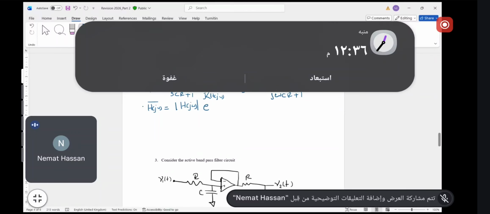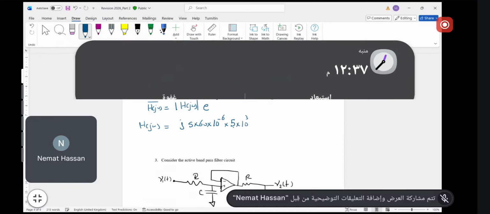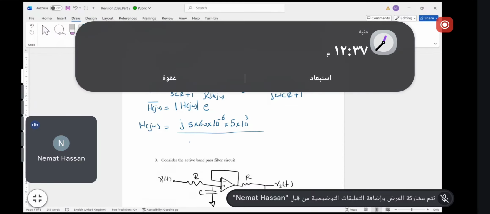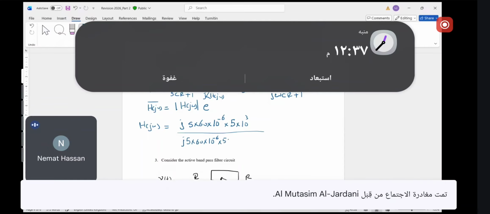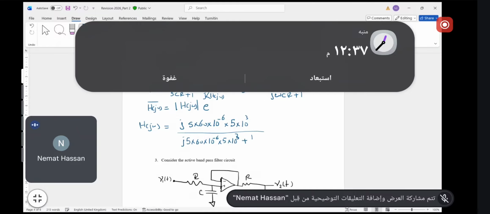So I'll substitute. H of j omega is equal to j 5 times 60 times 10 power minus 6 times 5 times 10 power 3, all divided by j 5 times 60 times 10 power minus 6 times 5 times 10 power 3 plus 1.